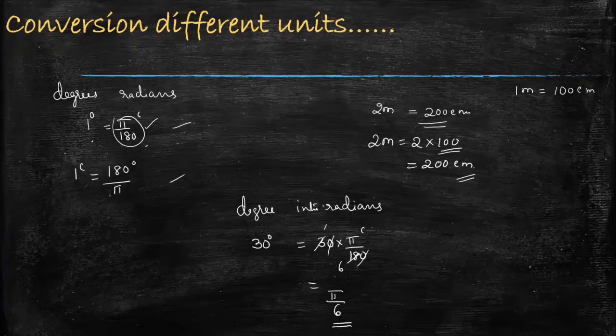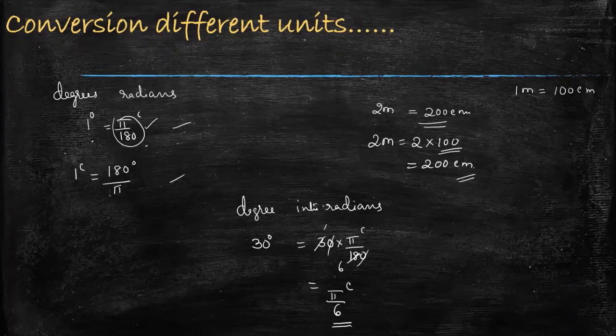This is the measure of this angle in radian, so you should write it with C. So 30 degree is pi by 6 radians. This is how we convert degree into radians.